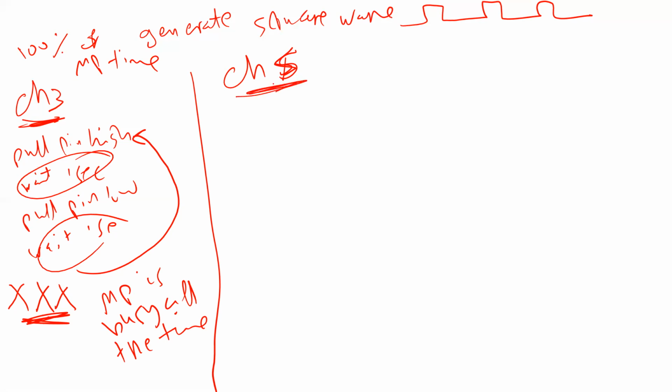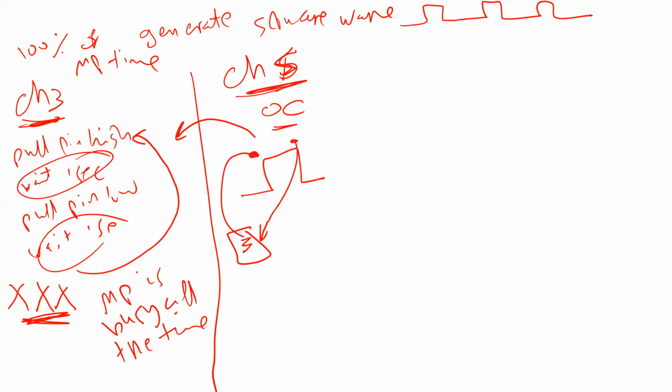Then I explained output compare, which can also be used to generate a signal, and this idea is much better than the first one. All I need from the microprocessor is a subroutine here, execute the subroutine here, execute the subroutine here, and so on. So at every transition we execute the subroutine. That's it.